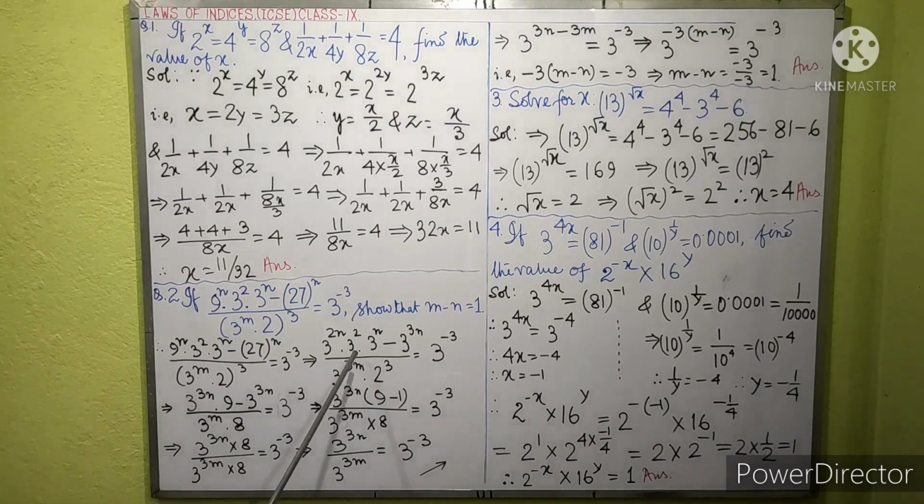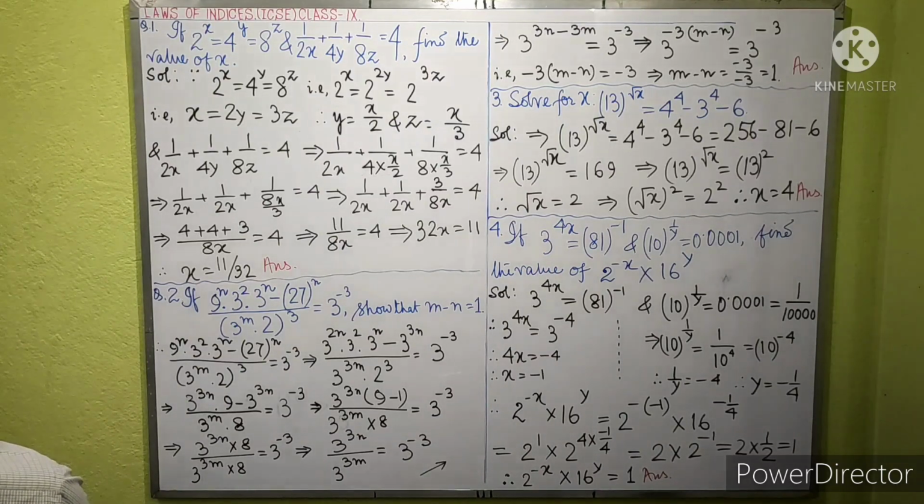Now 2n and n, this is 3 to the power 3n, and this is 3 squared, meaning 9, minus 3 to the power 3n, divided by 3 to the power 3m.